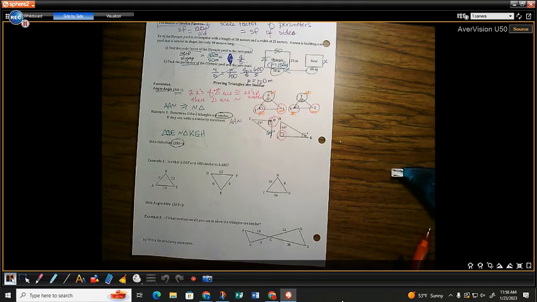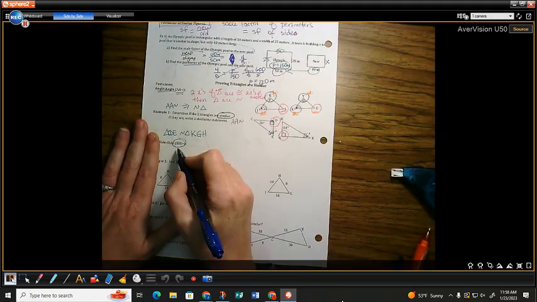If you just have side, side, side, you're talking about congruent sides. Side, side, side similarity is different.